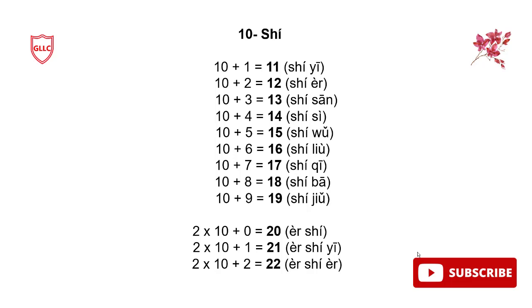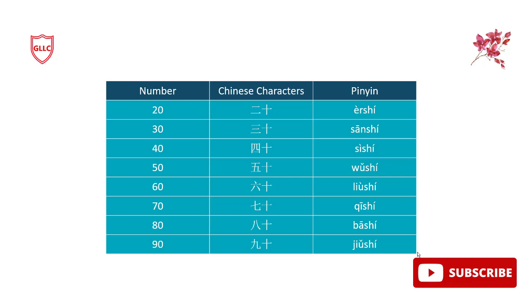Now moving forward, we are clear till 22. Now we're going to pronounce some others. 20, 二十. Then 30 is 3 times 10, so it will be called 三十. Then 40, 四十. 50, 五十. 60, 六十. 70, 七十. 80, 八十. 90, 九十.